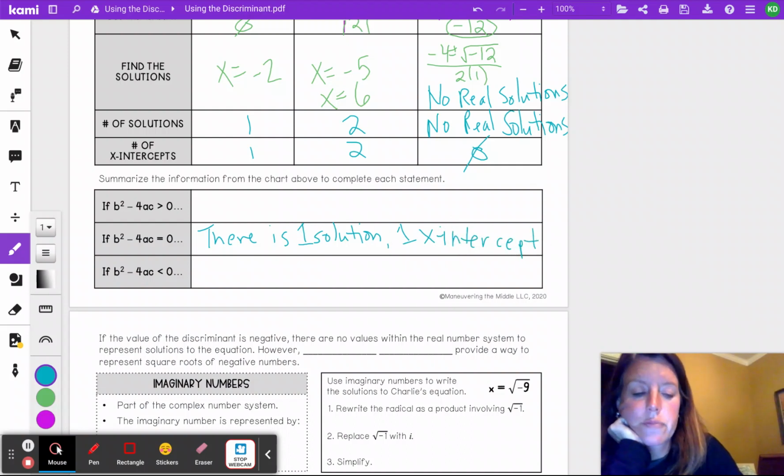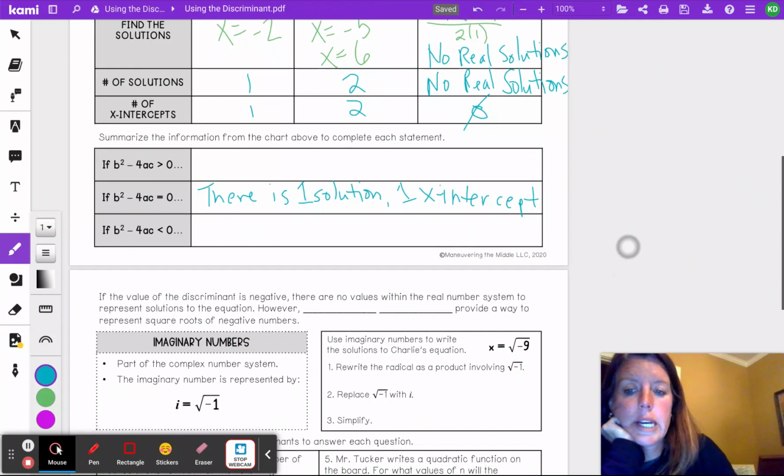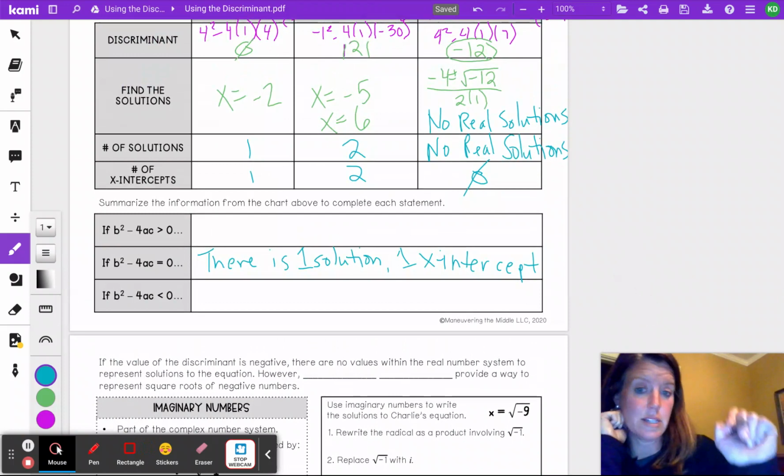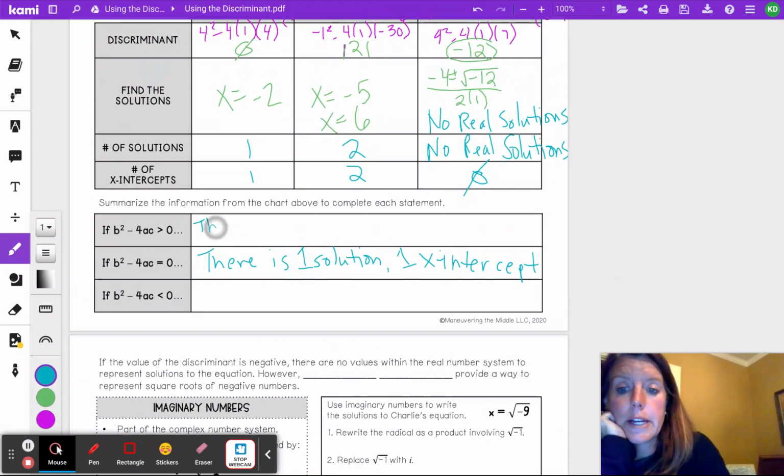All right, I'm going to go back up. When your discriminant is a number greater than 0, there are two solutions and two x-intercepts.